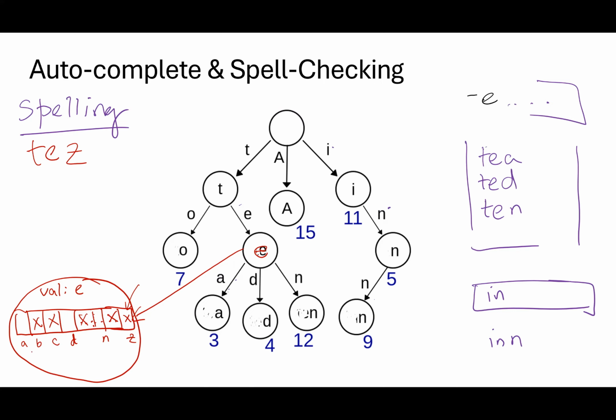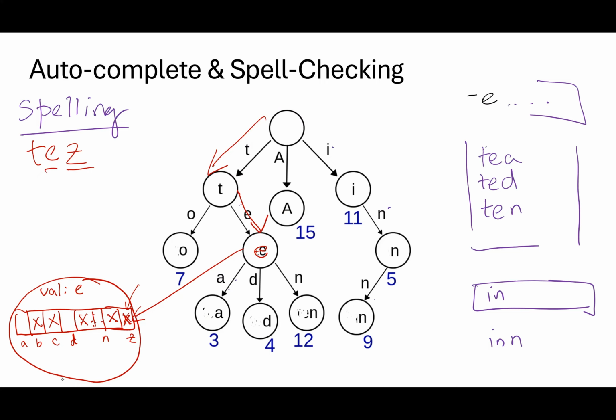Since you tried Z, for T it successfully came here. For E, it successfully came here, and then for Z, it tried to come, and then it found that there is no child for Z. So that means either this word is not in the dictionary or you have made a spelling mistake.